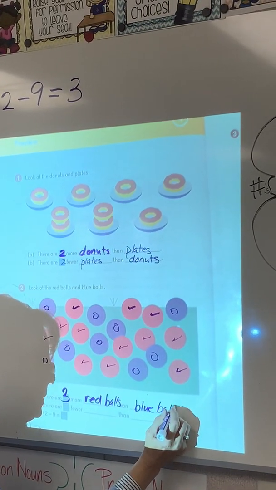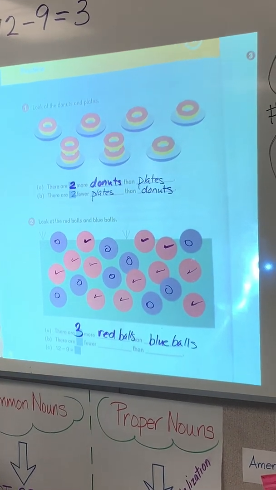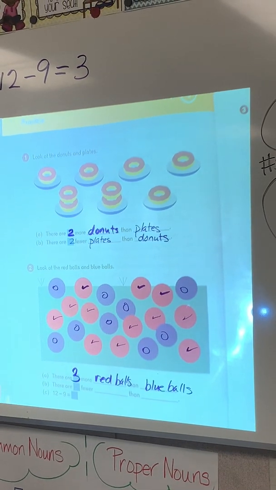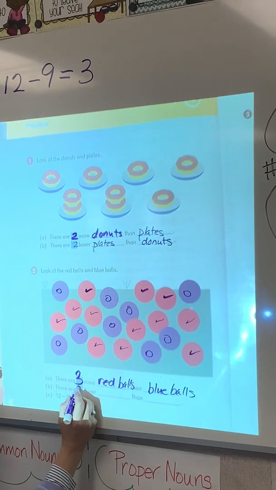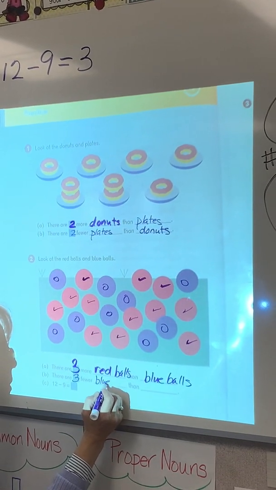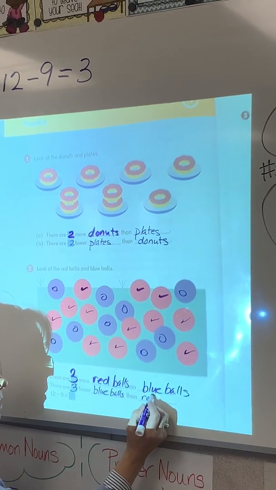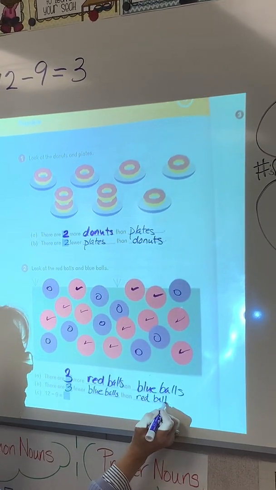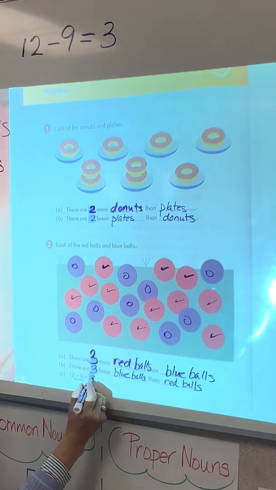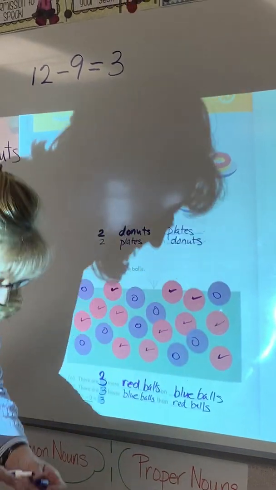And another way to say that, there are how many fewer blue balls than red balls? How do we say that? 3 fewer blue balls than red. And here's the equation right here. 12 take away 9 equals 3. Good.